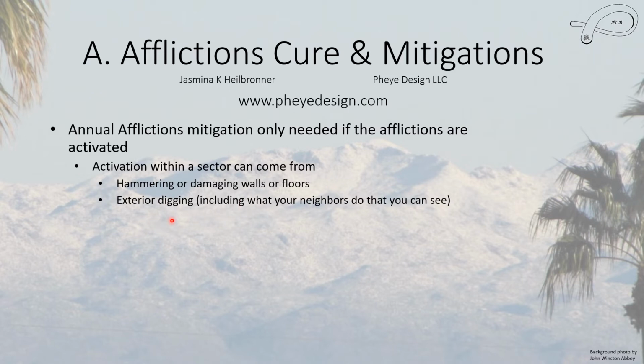Digging exterior, outside your house also can activate this, and again, it's only within that sector that has an annual affliction. Unfortunately, this can include what your neighbors do, as long as you can see it. If you can't see it, don't worry about it.